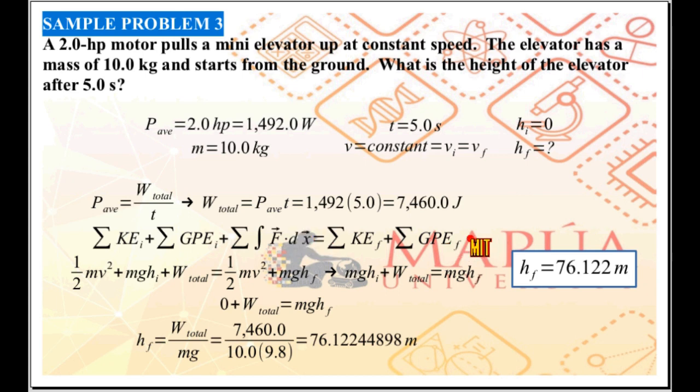So there's only one object whose motion we consider, the elevator. Initial kinetic energy, 1/2 m v squared. V initial is just equal to v. V final is also equal to v. Constant speed. Initial gravitational potential energy, m g h initial.